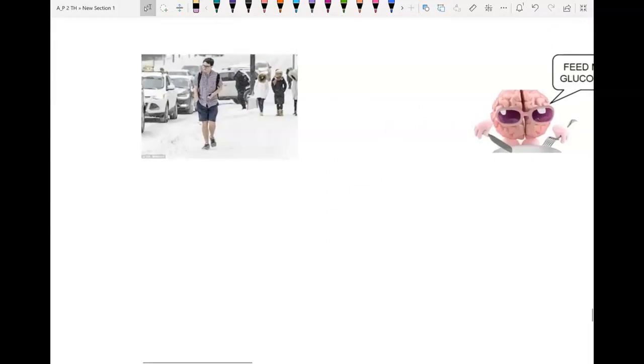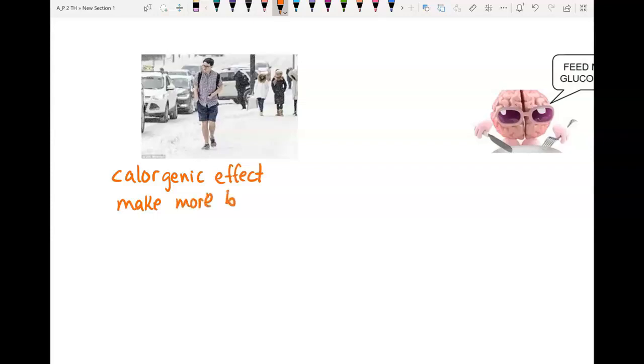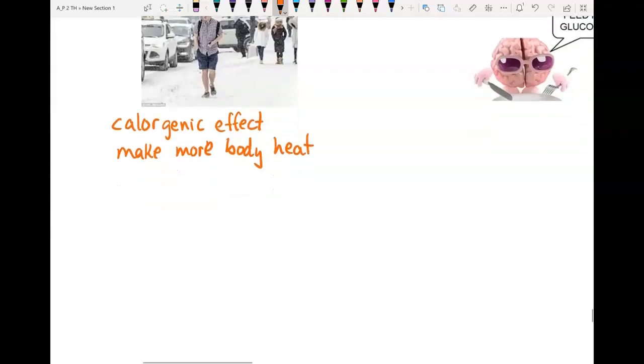A couple of effects of thyroid hormone. One we just talked about, the making more body heat. That is called the calorigenic effect. This is the fact that you make more body heat. So the whole idea is when you are exposed to cold weather, remember cold weather is a stimulus for your hypothalamus.